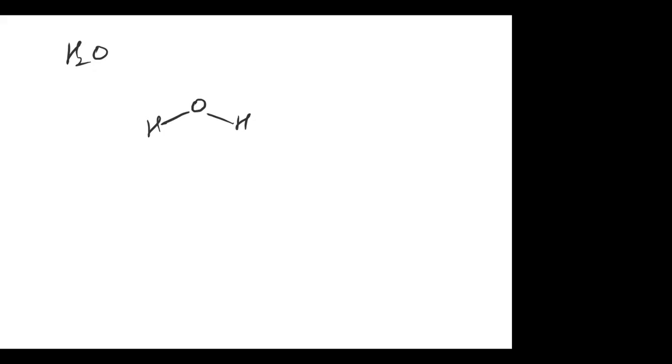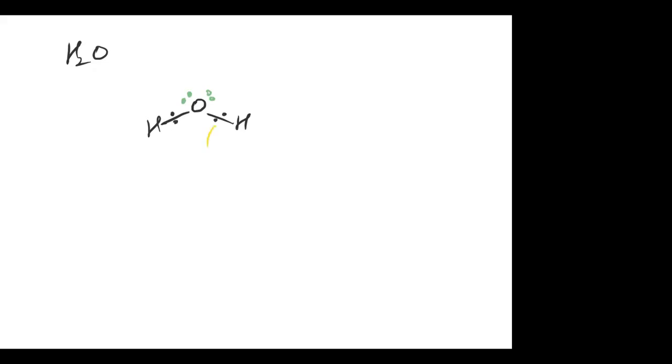As far as its valence shell is concerned, oxygen consists of 6 electrons. Out of 6 electrons, 2 electrons participate in bonding. So here 2 electrons get shared between oxygen and hydrogen.